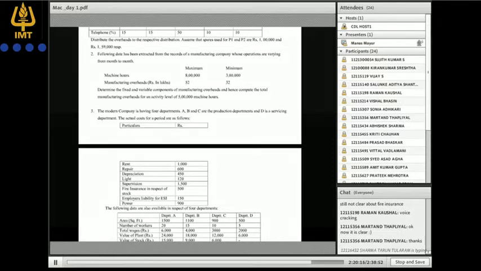Now you are asked to determine the fixed and variable component of manufacturing overhead and hence to compute the total manufacturing overhead for an activity level of 5 lakh machine hours. So you are given maximum and minimum machine hours and the overhead cost for these, and you are asked to calculate fixed overhead and variable overhead.